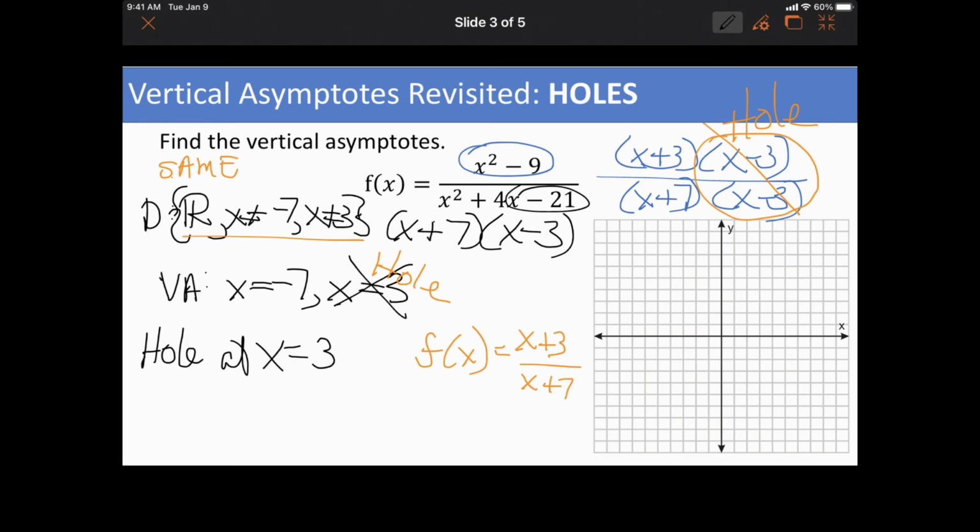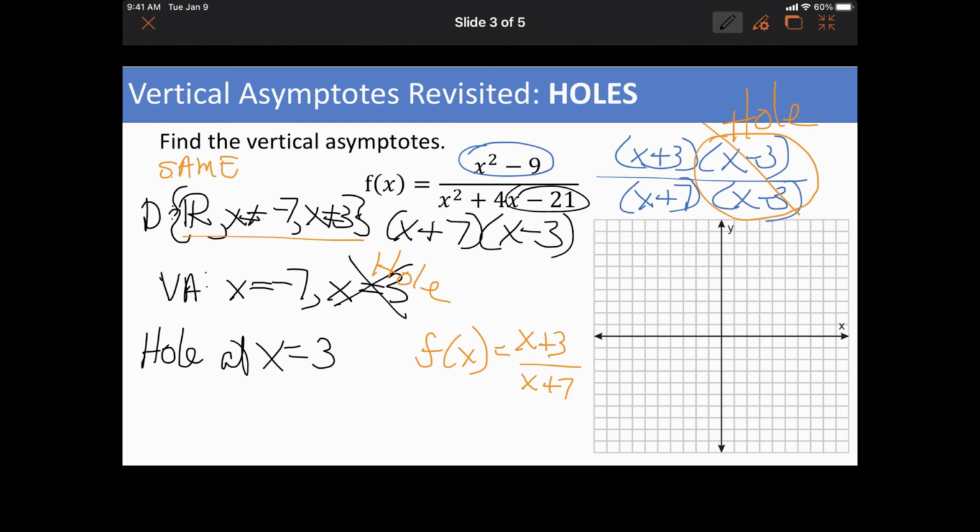And you're like, okay. So this is what happens. Let us look at the other asymptote so we can draw. So is there oblique or is it horizontal?